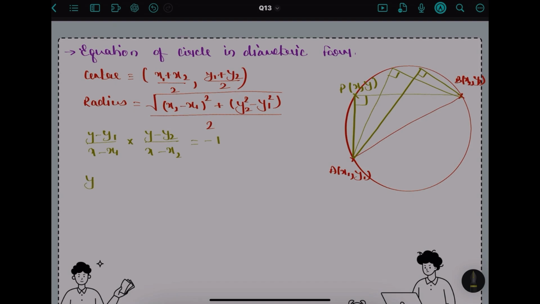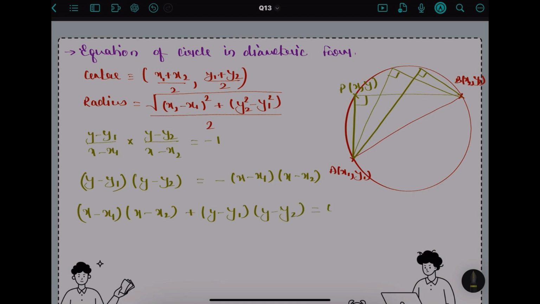So can I write (y minus y1) into (y minus y2) is equal to minus (x minus x1) and (x minus x2)? Bring everything to this side, and it will become (x minus x1)(x minus x2) plus (y minus y1)(y minus y2) equals 0. So this way also you will get the equation of the circle.